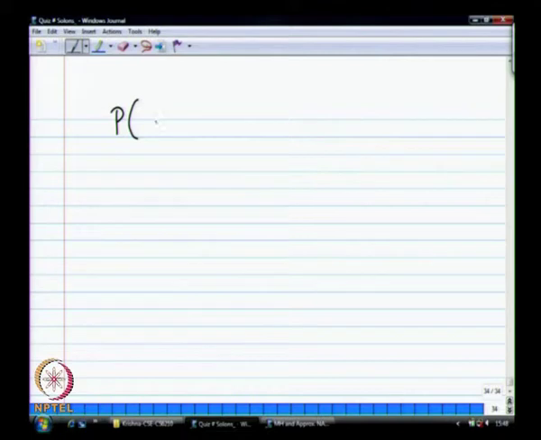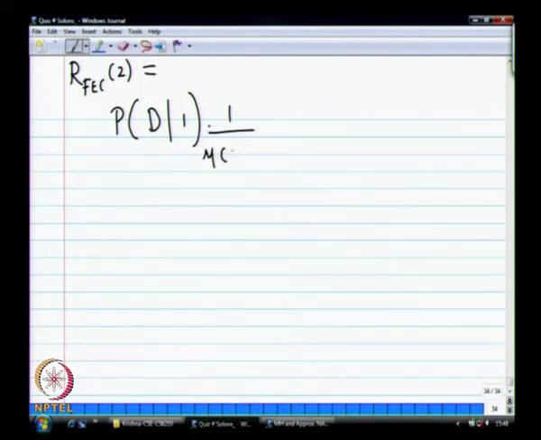So now R of 2, with 2 customers, equals the probability of one customer or no customers in this queue, with overall one customer, into J by mu of J. So J is 1, this is J minus 1, this is n minus 1, right.